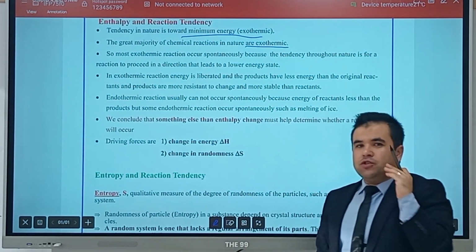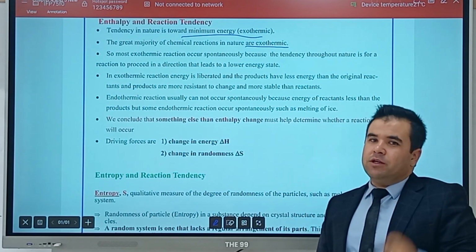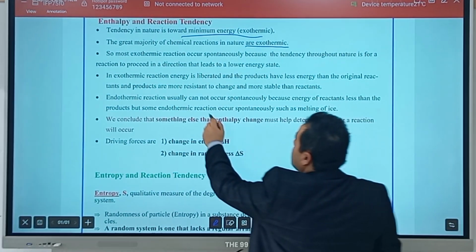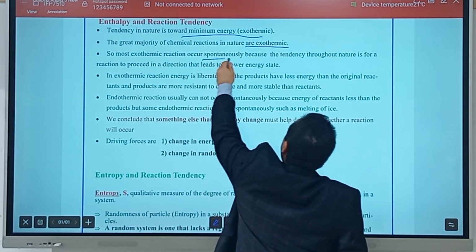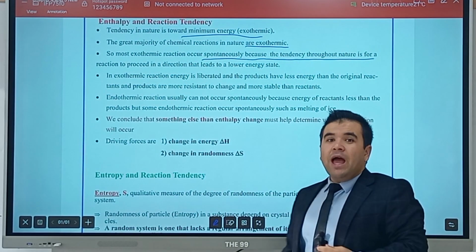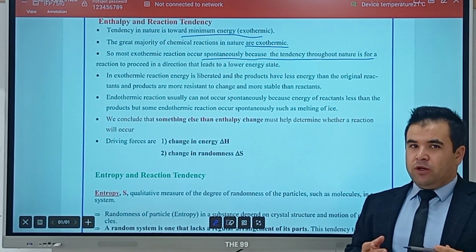Most of the reactions which occur naturally and spontaneously are exothermic reactions, guys. So most exothermic reactions occur spontaneously because the tendency in nature is for a reaction to proceed in a spontaneous direction.